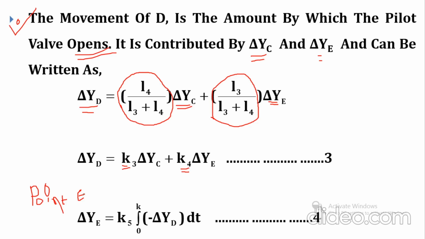So here we have taken the integration, because the movement of valve at point E is a function of time. So we can write delta ye is equal to proportionality constant K5, integration from 0 to t of delta yd into dt. So that is the movement of delta ye.